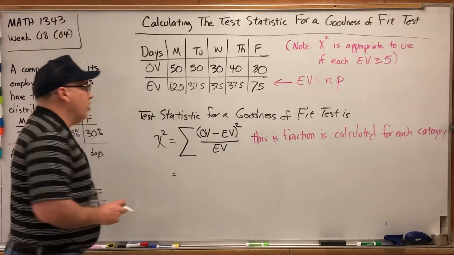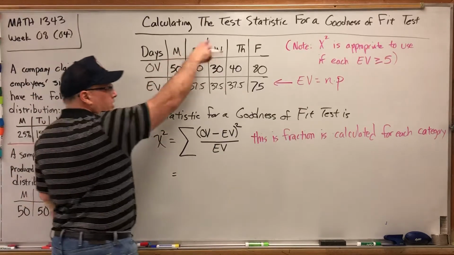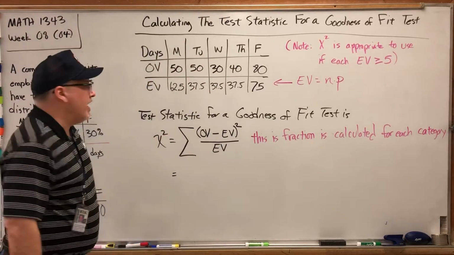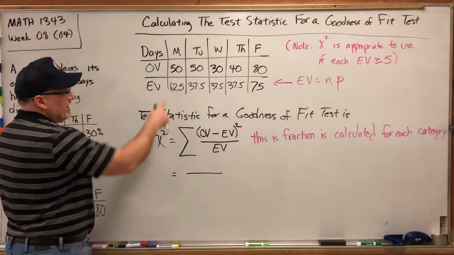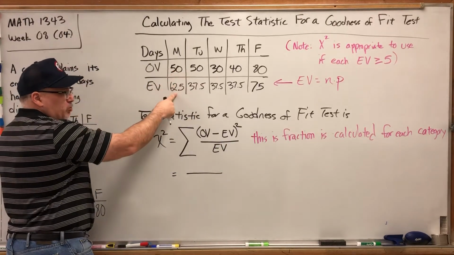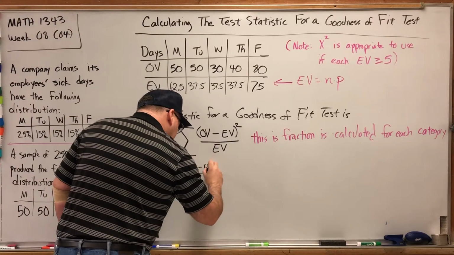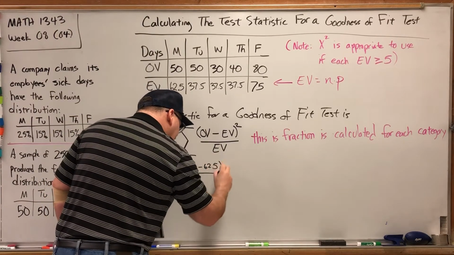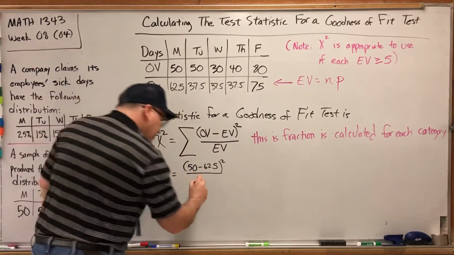So one category at a time, we're going to set up this fraction. Starting with Monday, in the numerator, we're going to have what we observed minus what we expected. So 50 minus 62.5. That difference gets squared, and then divided by what we expected, 62.5.